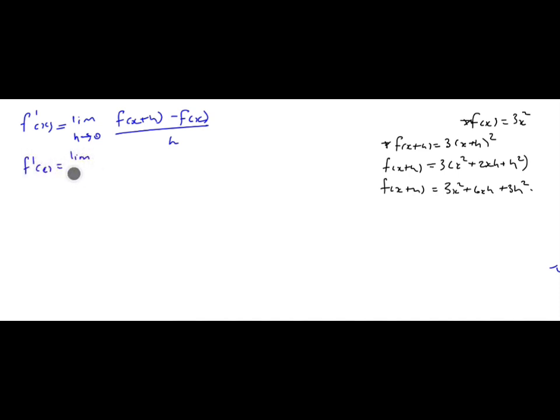Now you do not remove this part. The limit is h tends to 0. All we do is we substitute. In place of f of x plus h, we insert the one that we just worked out, which is 3x squared plus 6xh plus 3h squared. And from this we subtract the original, the one we were given, which is 3x squared. We divide all of that by h.